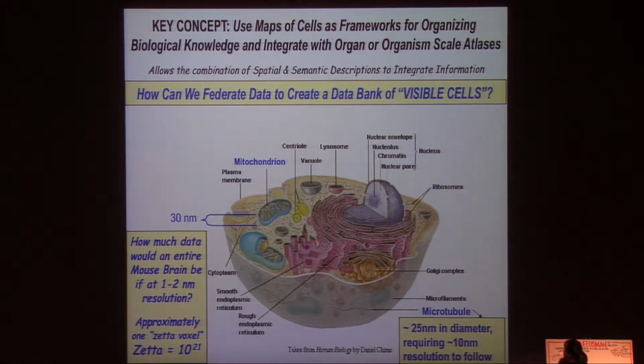But let's be reasonable. If you wanted to do a whole brain or any organ, you could break it down to how many cell types there are. Let's say in the liver, 5 major cell types. In the brain, maybe there are 2,500 major cell types.